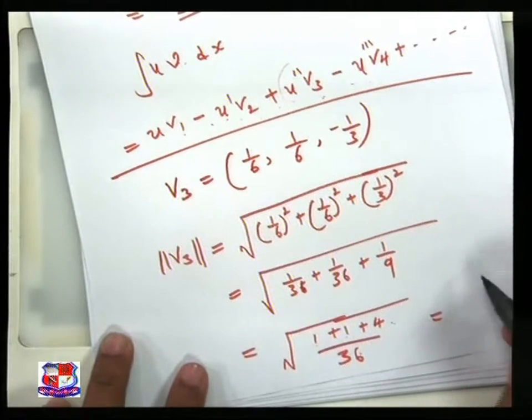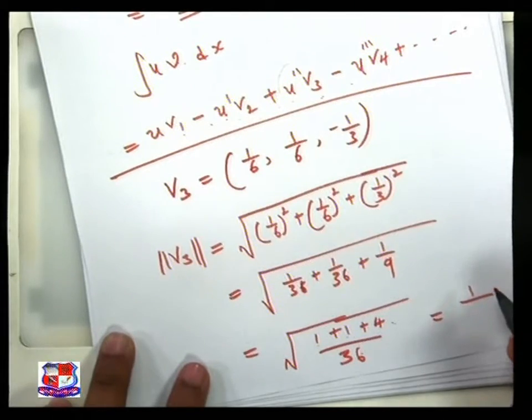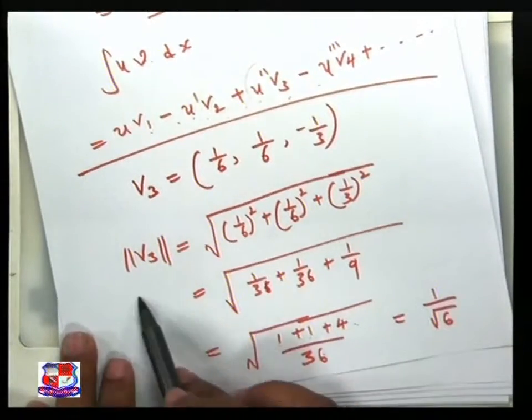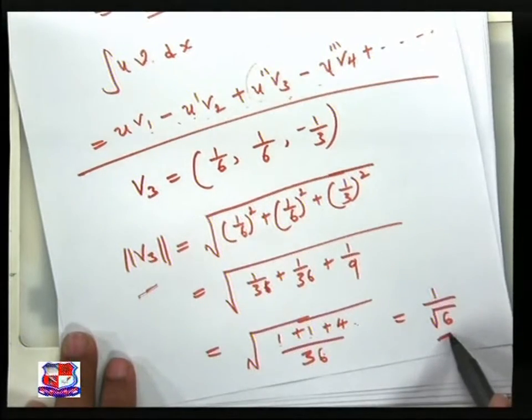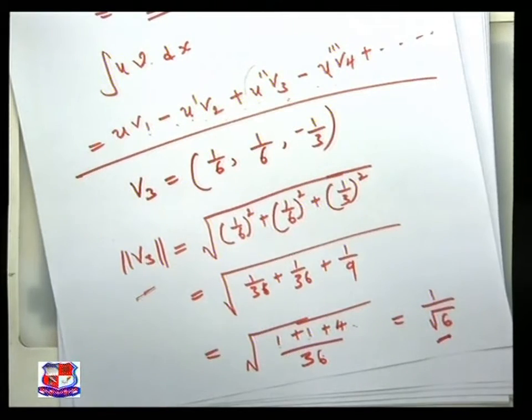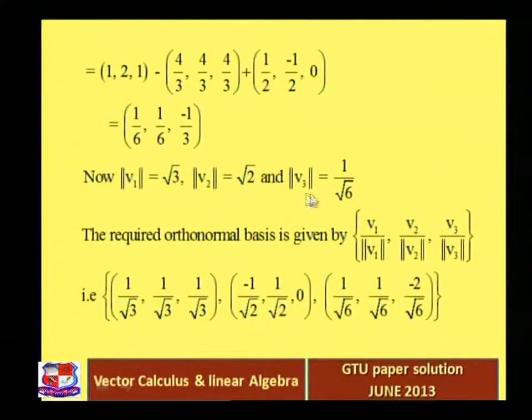So this is under root 1 upon 6, which is 1 upon under root 6. You can see norm v3 is equal to 1 upon under root 6. Clear?